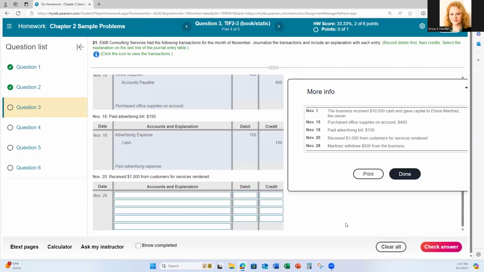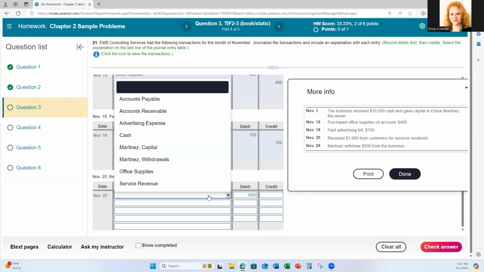All right, the next journal entry we have here is receiving $1,000 from customers for services rendered. So we're receiving cash, that's an asset. Assets increase through what? They're on the left side of the accounting equation, so therefore they increase by debiting.